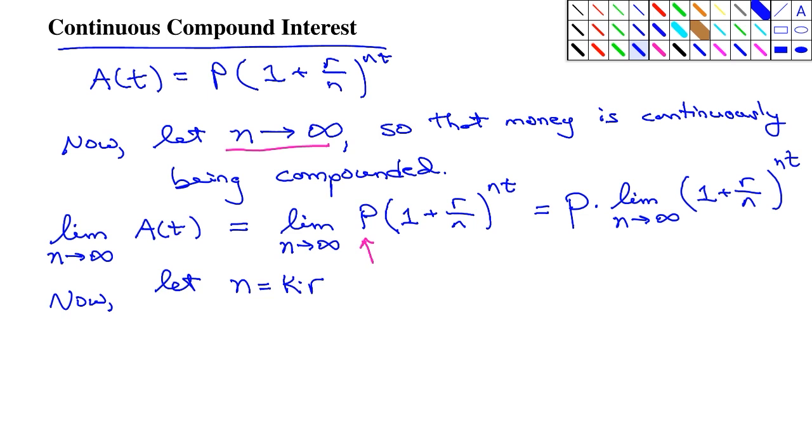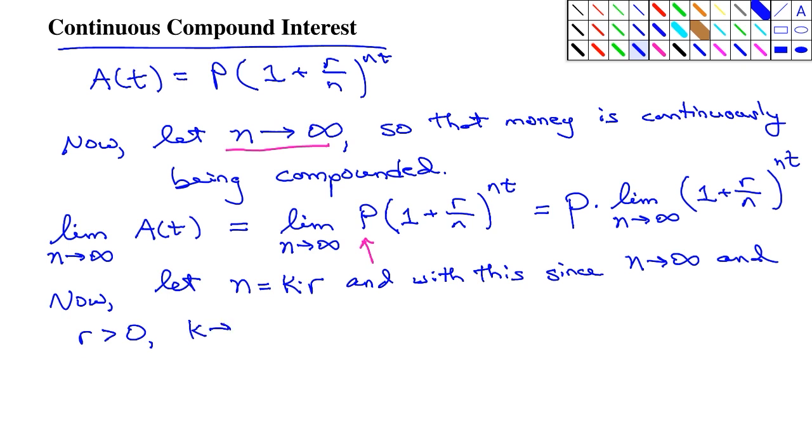And since the n is going to infinity and the r is already greater than 0, it's positive, k is going to infinity as well.